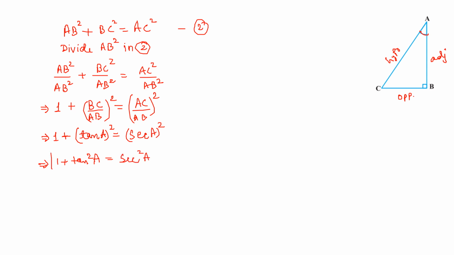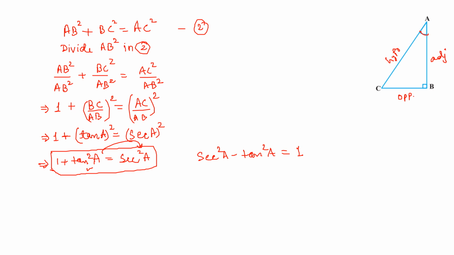Now this identity can be used in one more way. You should remember it: sec square A minus tan square A is equal to 1. How? I have transposed this tan square A to the RHS, so I have got this. Now we all know that sec A and tan A are not defined if A is 90 degrees, isn't it?